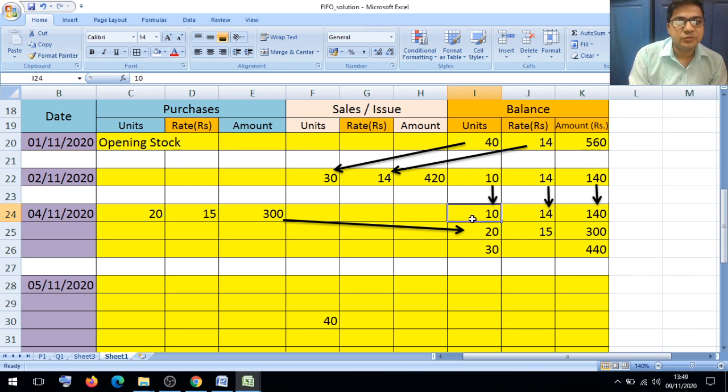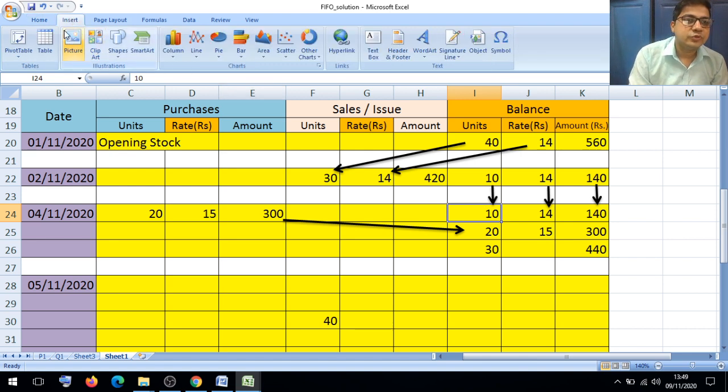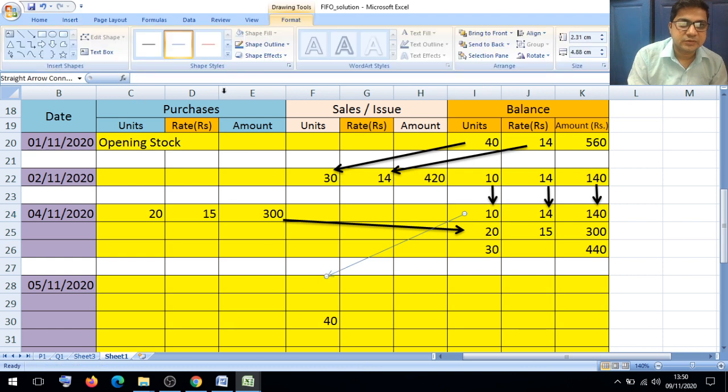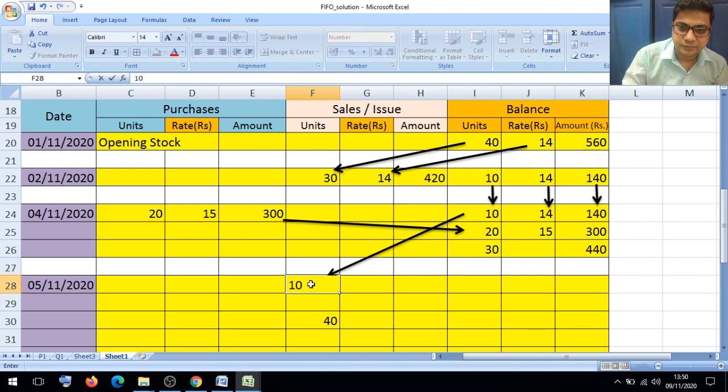So these 10 units were purchased first, so we have to sell these 10 units first.